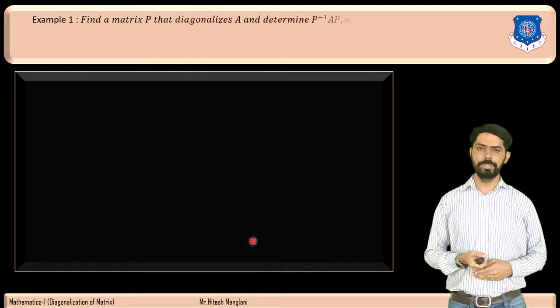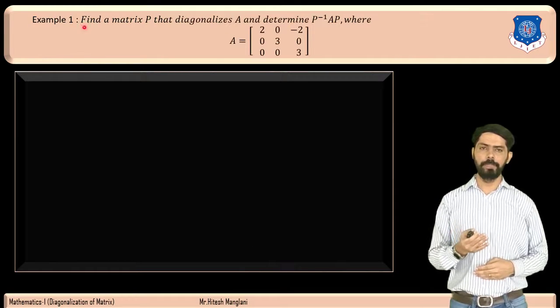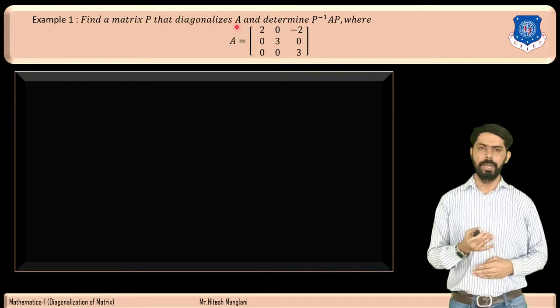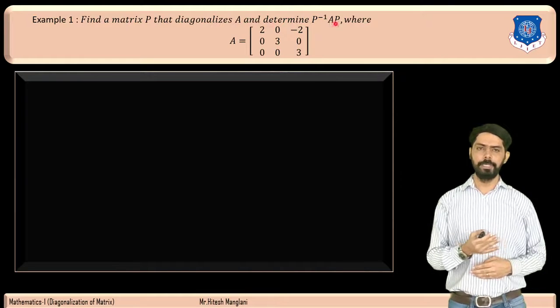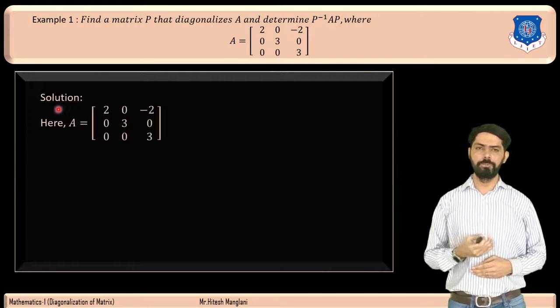Now let us discuss the first example related to this. Find a matrix P that diagonalizes A and determine P inverse AP, where A is equal to 2, 0, minus 2, then 0, 3, 0, then 0, 0, 3. First of all we will find the eigenvalues of this matrix.